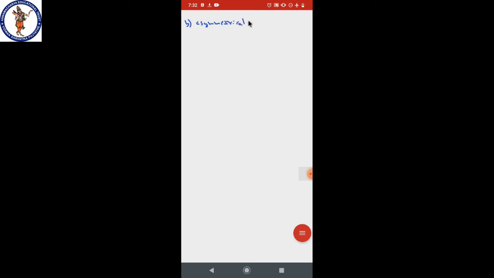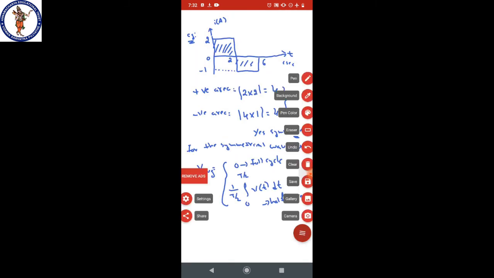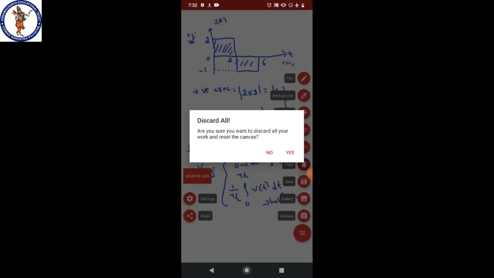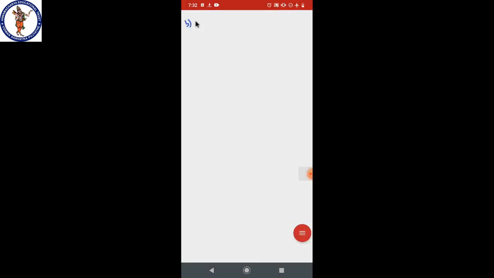I will explain some formulas. One, this is for the unsymmetrical waveform. I will draw this. For an unsymmetrical, asymmetrical waveform, V average equals 1 by T, integral from 0 to T of v of t into dt.